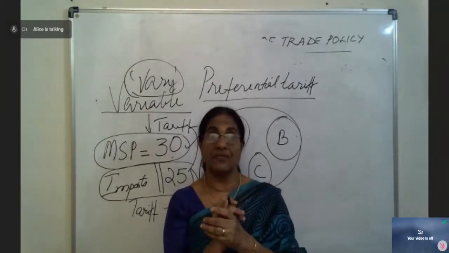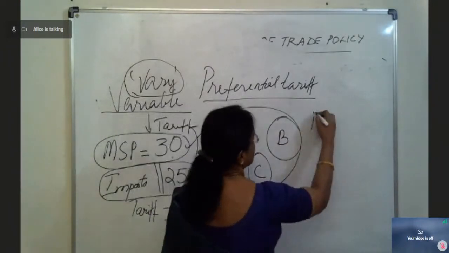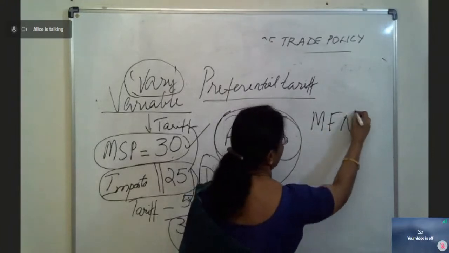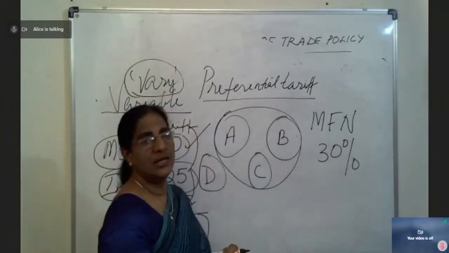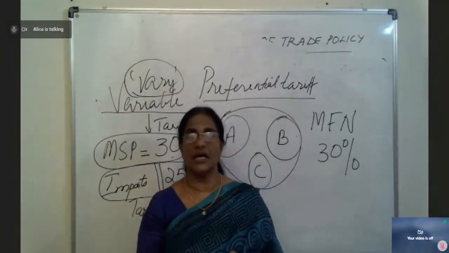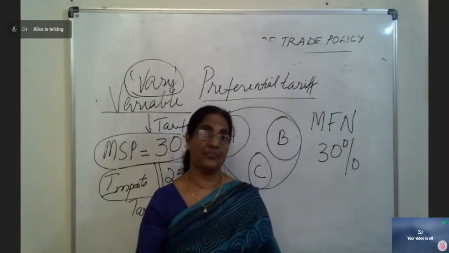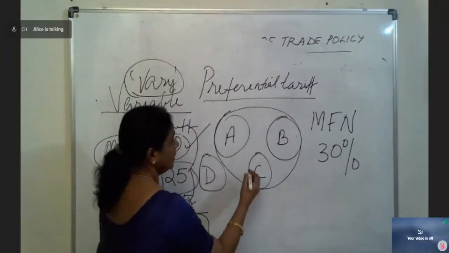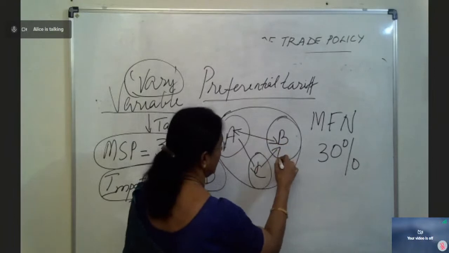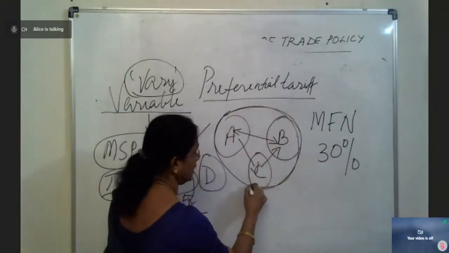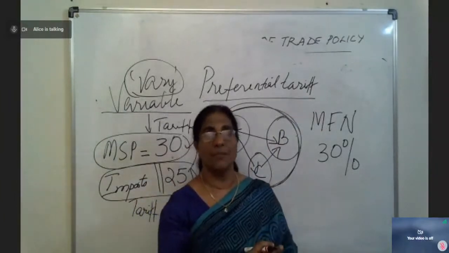Suppose there is a preferential trade agreement between A, B and C. And suppose MFN, we have already done, MFN is 30%, most favored nation tariff on refrigerators is 30%, and definitely A, B and C will trade because they are all preferred trade partners, they have formed a preferential trade agreement.